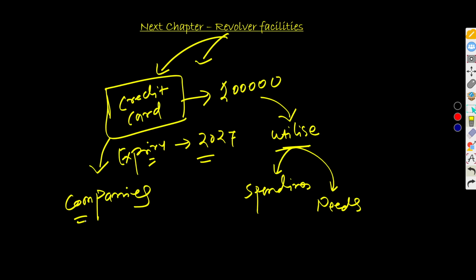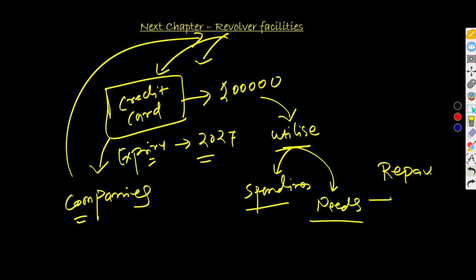The reason can differ from business to business, and to fulfil that capital requirement, companies can apply for revolver facilities. A revolver facility is like an exact credit card. It offers the facility to spend that amount as and when required, repay it, and then again redraw, or I would say reutilize.